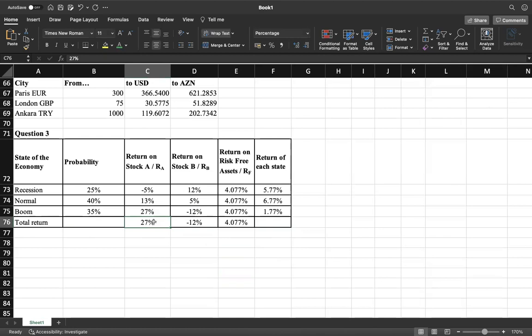Total return is equal to probability times recession return plus normal probability times normal return plus probability times boom return. So I am fixing the cells.